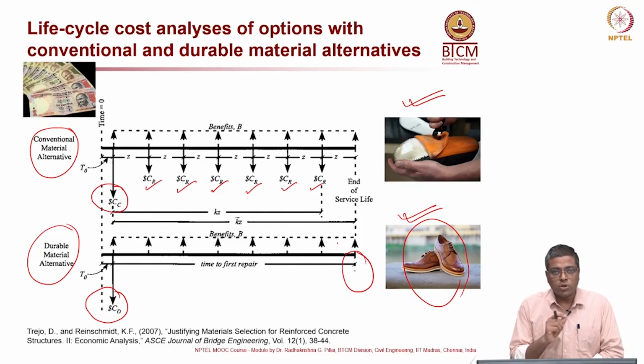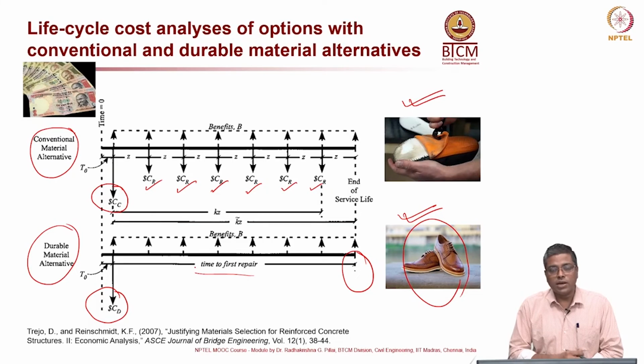If we are able to afford a little bit of extra payment in the beginning, then if you can avoid all the intermediate repairs and increase the time to first repair, that is always a better option.